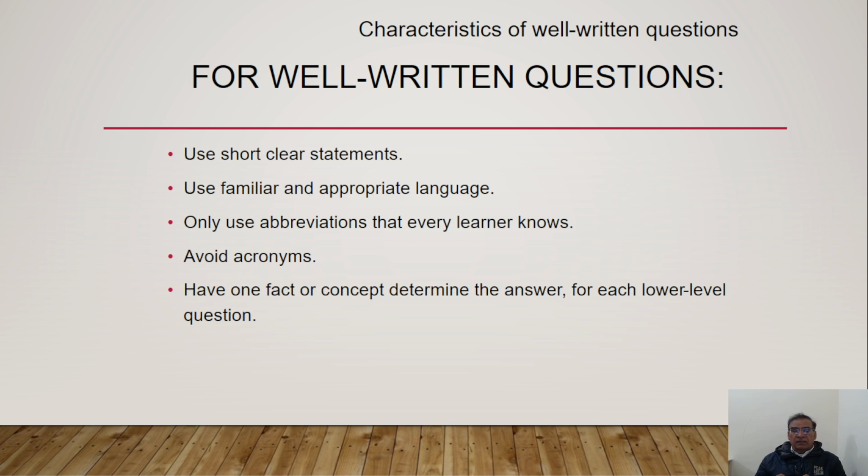For a well-written question, use short, clear statements, use familiar and appropriate language, only use abbreviations that every learner knows, avoid acronyms, and ensure any fact or concept determines the answer.